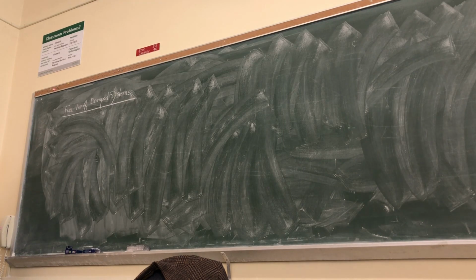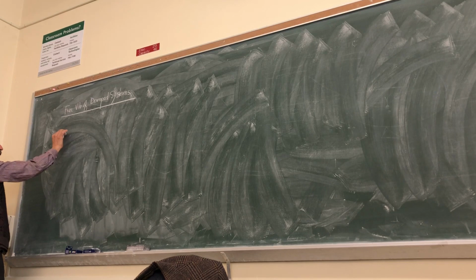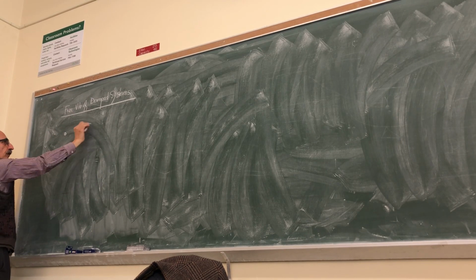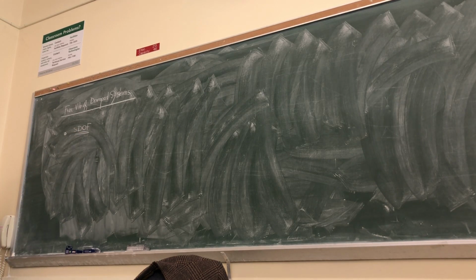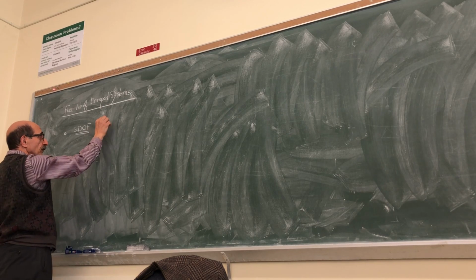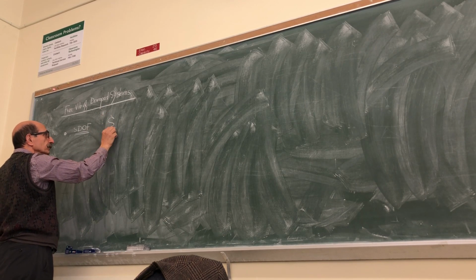In free vibration of damped system, as I said before, we definitely looked at how that single degree of freedom system looked like, but we introduced a new element, which is also a dynamic characteristic of the system, which is damping ratio.